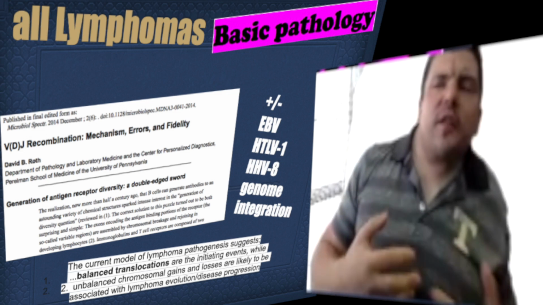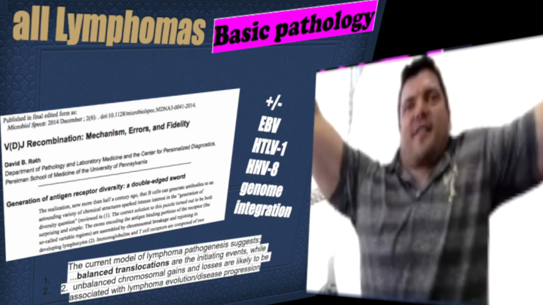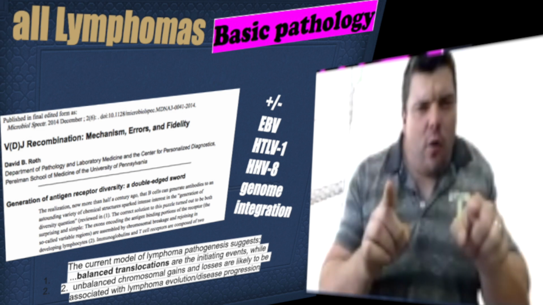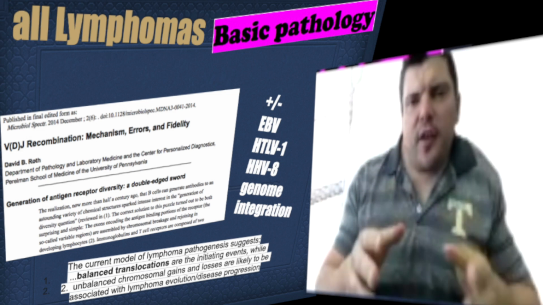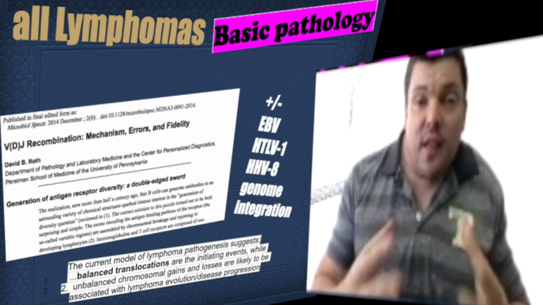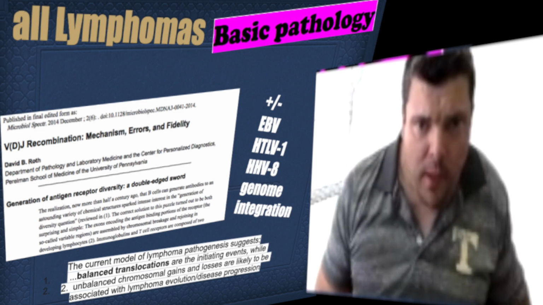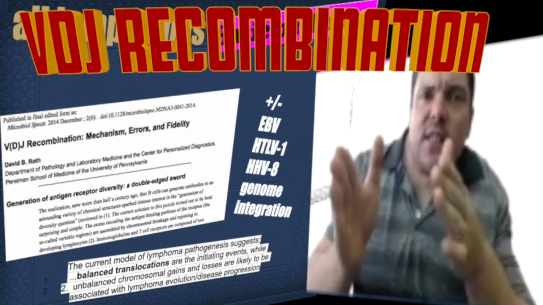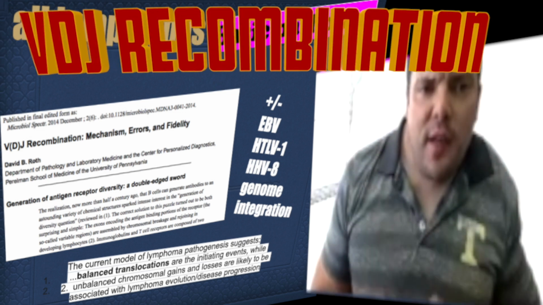Why would there be all this genetic chaos in lymphoma? Don't know if you remember this or not from your A&P class, but it's worth revisiting. When the cells of our immune system are maturing, they have to undergo something called VDJ recombination.